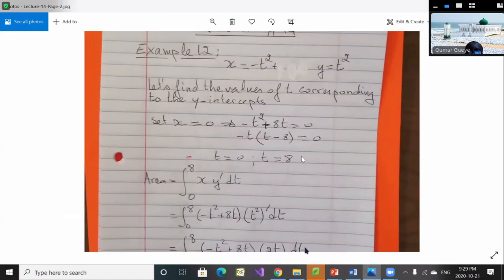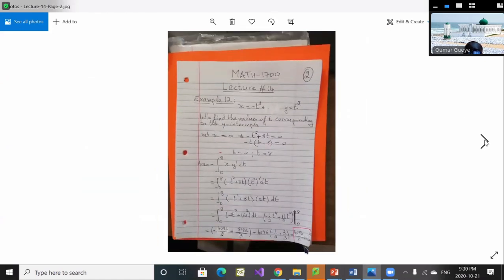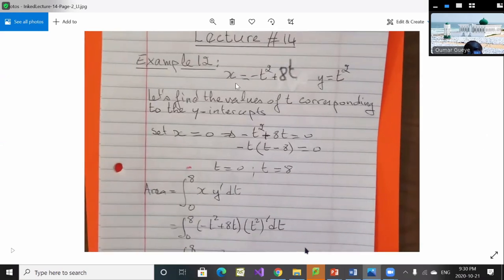All right, so as I said, we have x equal to negative t squared plus 8t, and y is equal to t squared. And the y-intercepts are the points belonging to the curve and to the y-axis.